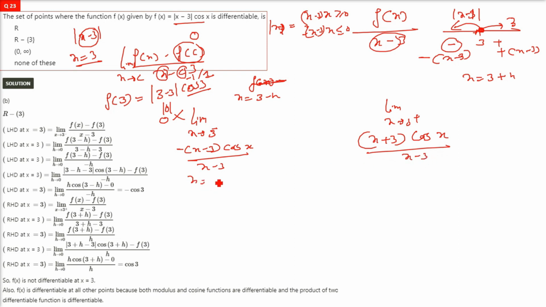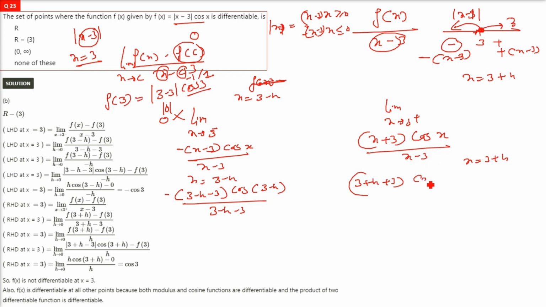So you have x as 3 minus h on the left and x as 3 plus h on the right. So on the left, x minus 3 is 3 minus h minus 3, and this is going to be cos(3 minus h) divided by 3 minus h minus 3. Here also the same thing, x replaced by 3 plus h, and this is going to be cos(3 plus h), and in the denominator you have 3 plus h minus 3.